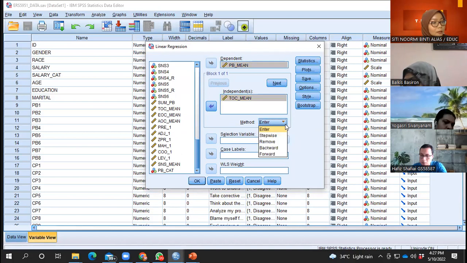So we have Enter, Stepwise, Remove, Backward and Forward. The Enter method is a method where we enter all variables in one step. This is applicable when we have more than one IV in our analysis.